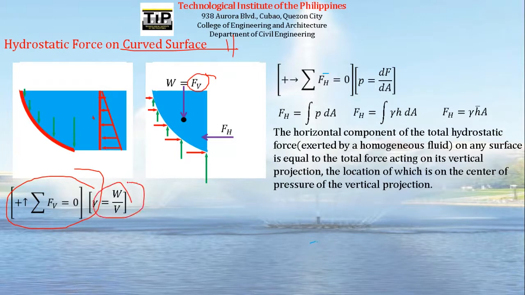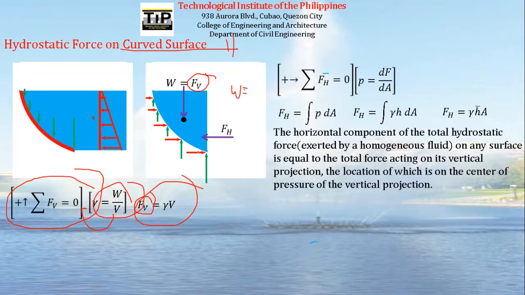Remember that gamma is equal to the weight over the volume. So cross multiplying the volume, weight is equal to gamma times volume. It's not shown here directly, but our water has self-weight. So how do we get the weight of the water?